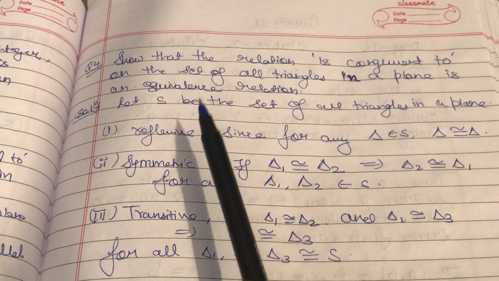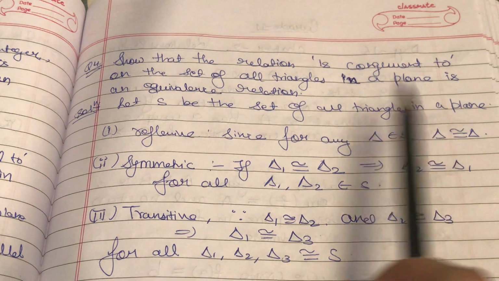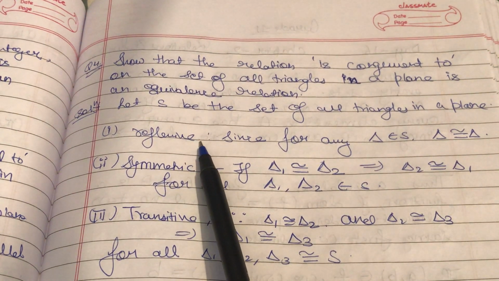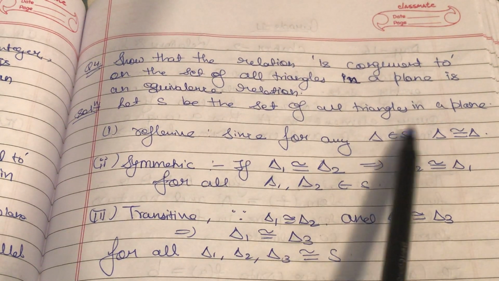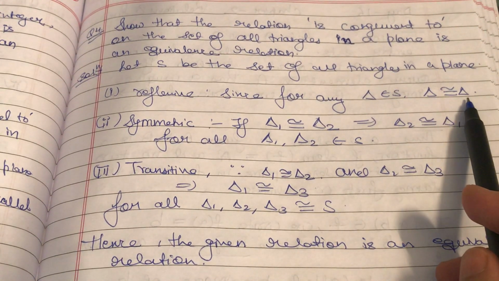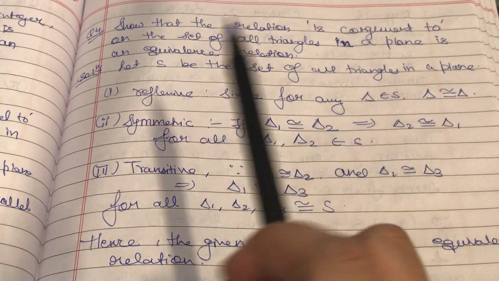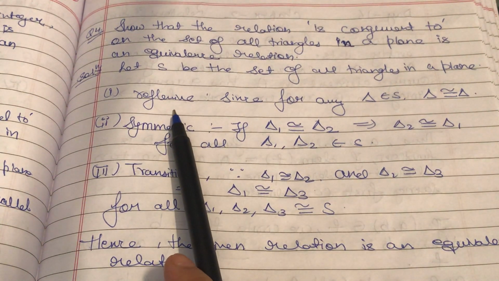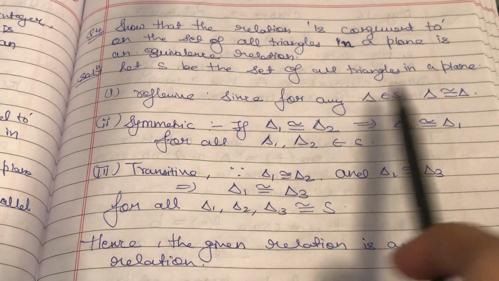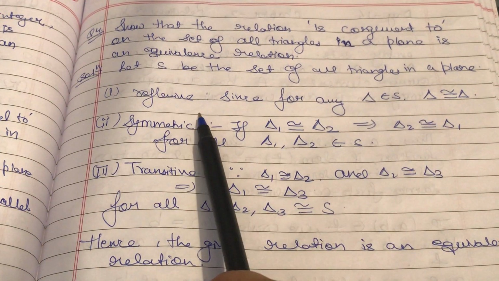Let's take a set S with all the triangles in a plane. Now for reflexive, for any triangle which belongs to S, can I say that the triangle is congruent to the triangle itself? In reflexive we talk about itself. So the triangle is congruent to itself, therefore it is reflexive.